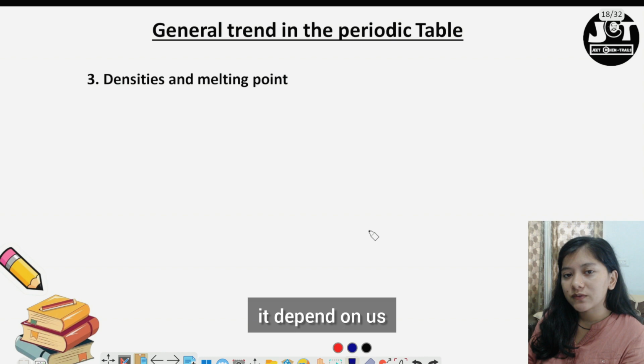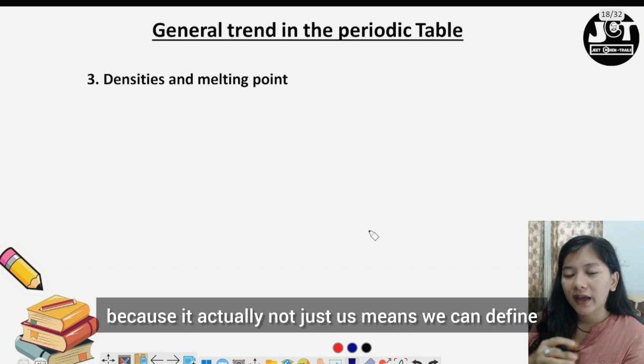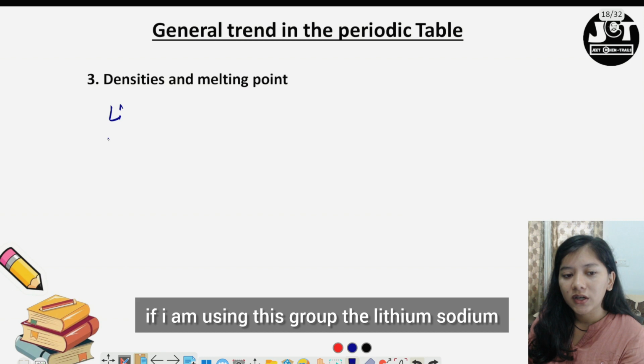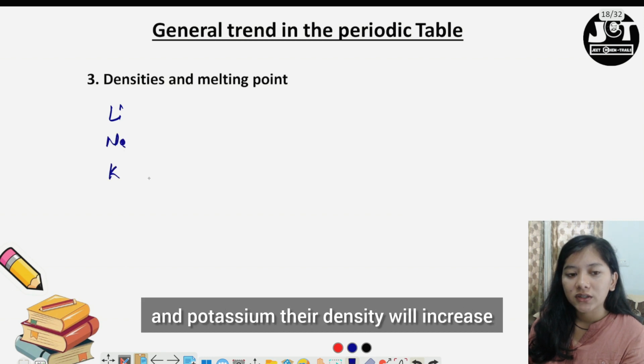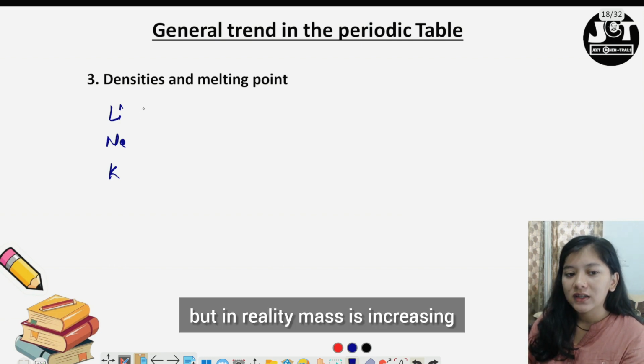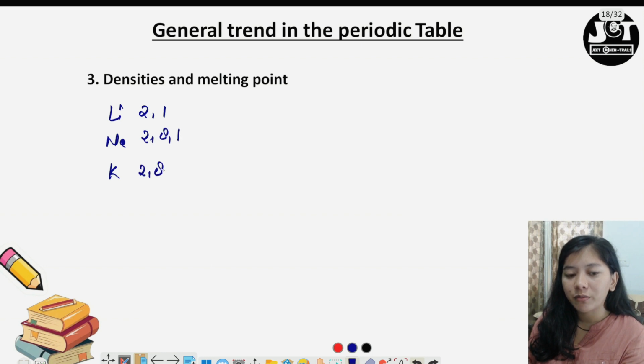It depends on which one we give more priority. Like if I am using this group, lithium, sodium and potassium, their density would increase if their mass is increasing compared to the volume. But in reality, mass is increasing, that's correct, but their size is increasing a bit more, right?